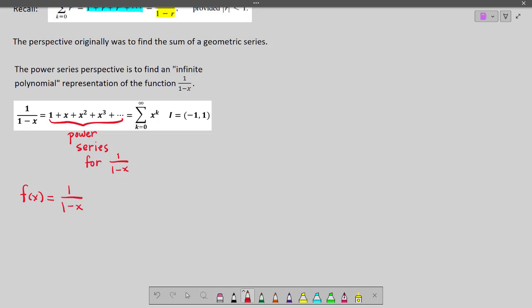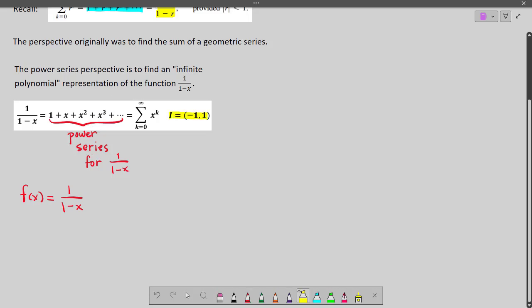X minus 2 if the center was 2. So the center here is 0. So if you take a sequence of derivatives here and plug in 0 repeatedly, you will get that polynomial. So this power series is a Taylor series for that function. You can verify that if you want. Now, one thing that we haven't talked about yet is this.